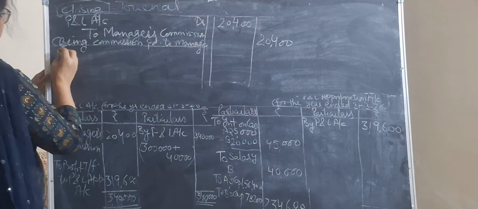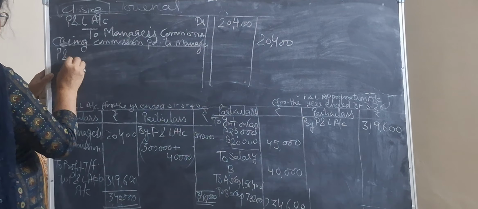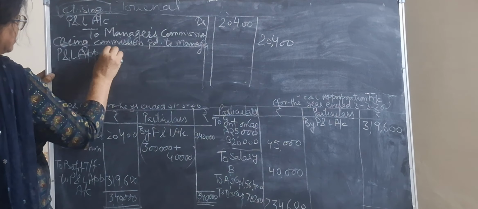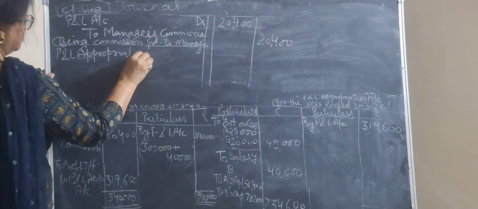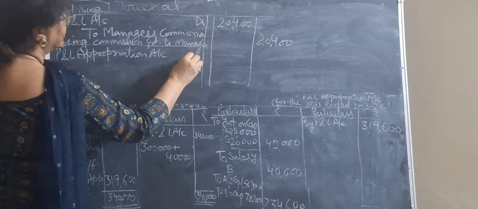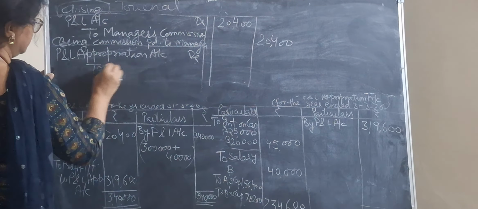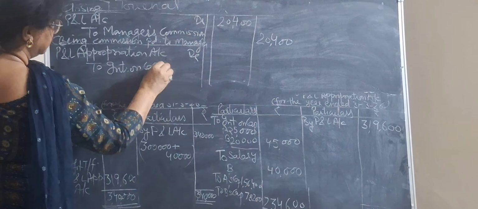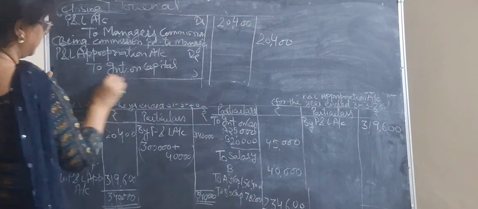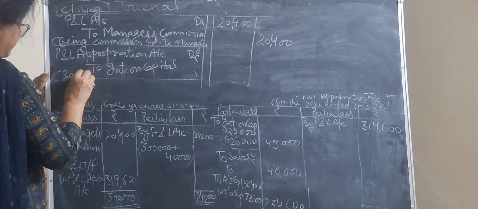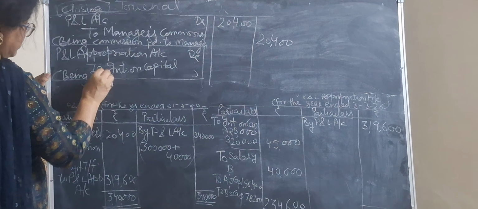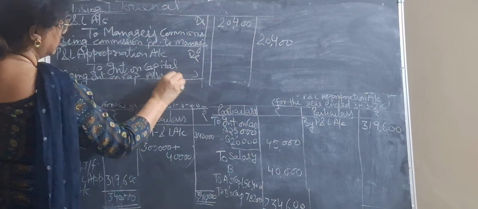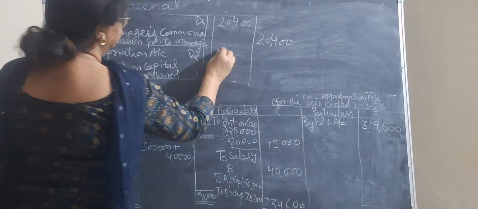The next entry is interest on capital. It is through the P&L appropriation account: profit and loss appropriation account debited to interest on capital, being interest on capital allowed, 45,000.